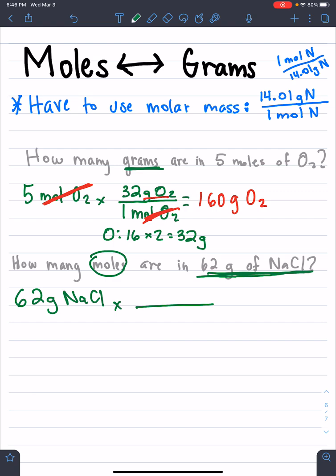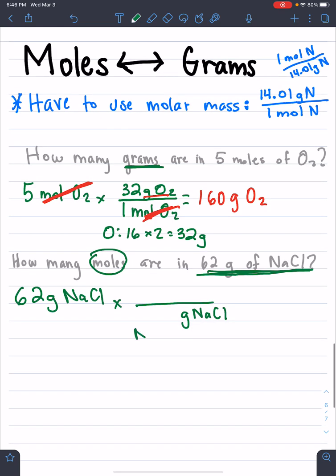So on our bottom, let's figure out the grams of NaCl. This is where we have to figure out our molar mass. So Na and Cl. Let's grab the periodic table. We see Na is about 22.99 and Cl is 35.45. Alright, so you add those both up. We're going to round it to 58.44.